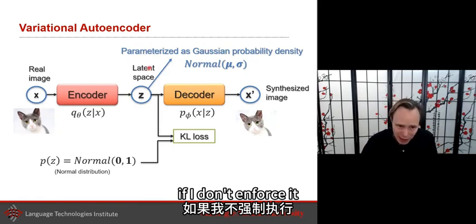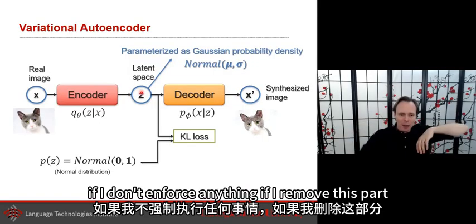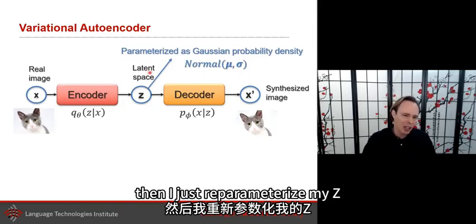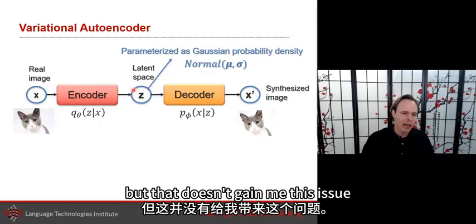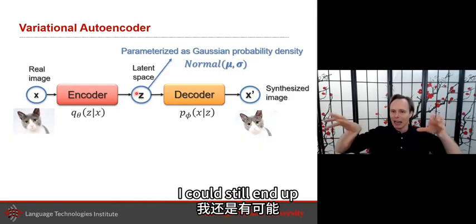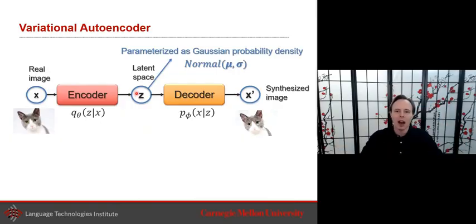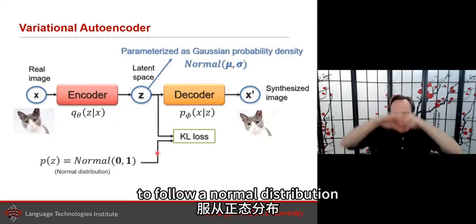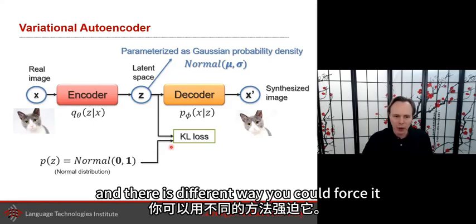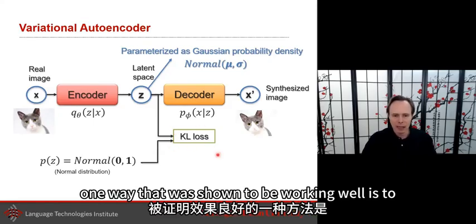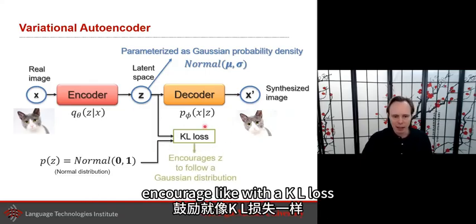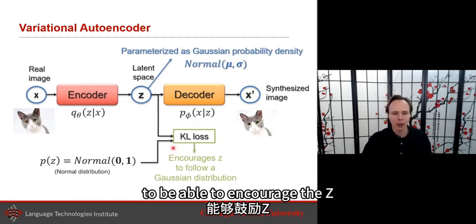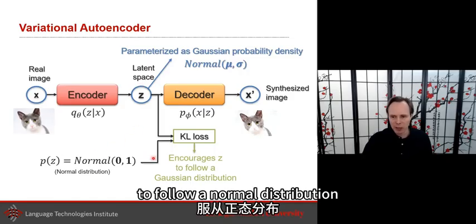If I don't enforce anything, then I just reparameterize my Z, but that doesn't solve this issue. I could still end up in different parts of the space, so I'm going to force it to follow a normal distribution. There are different ways you could force it. One way that was shown to work well is to use the KL loss to encourage the Z to follow a normal distribution.